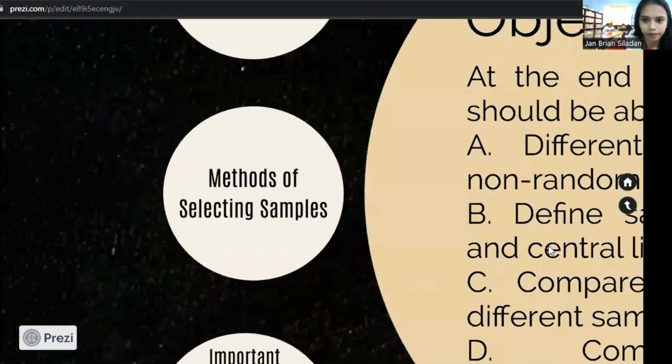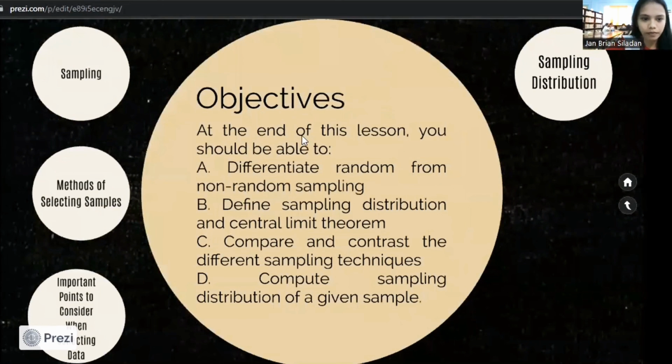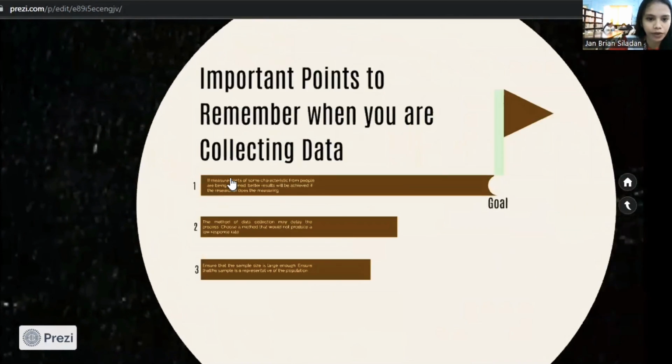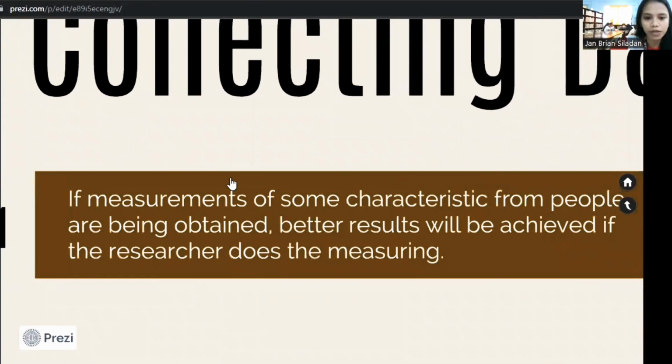Next, the important points to consider when you are collecting the data. First, if the measurement of some characteristics from people is being obtained, better results will be achieved if the researcher does the measuring.